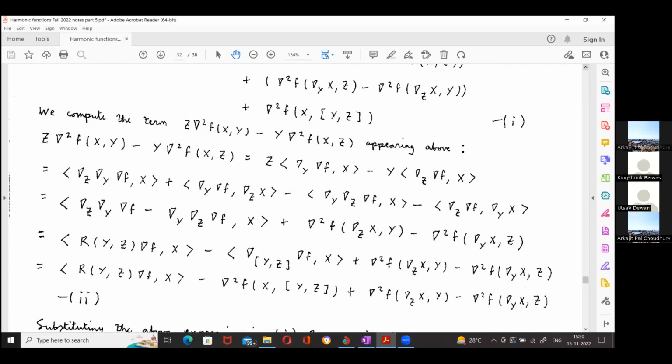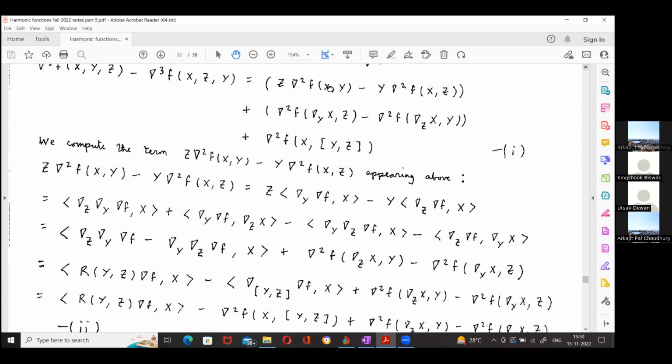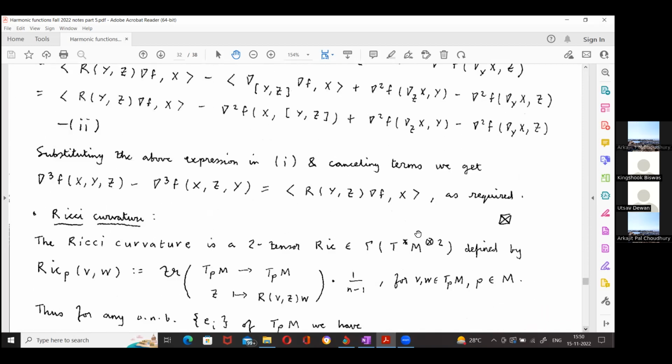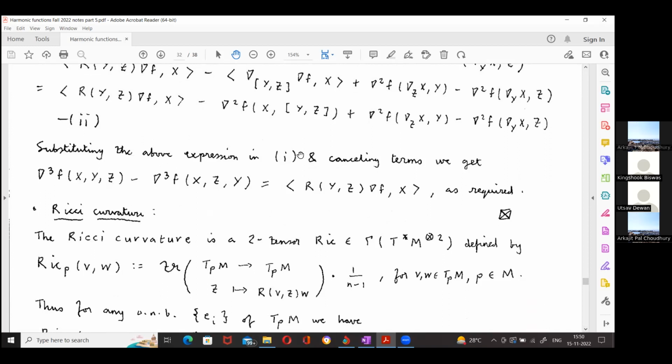So I expanded out this first term here, I got this expansion, and then one term from here is going to cancel with this term, and these two terms are going to cancel with these two terms. So you substitute this expression in the first equation and you cancel terms and you get exactly what you want. This difference is equal to this curvature term.